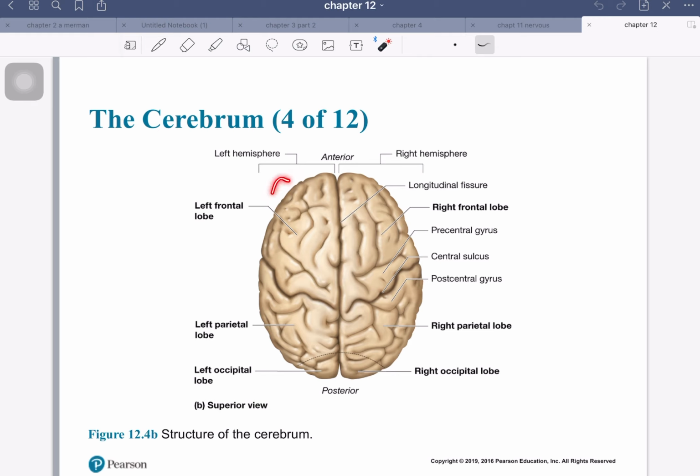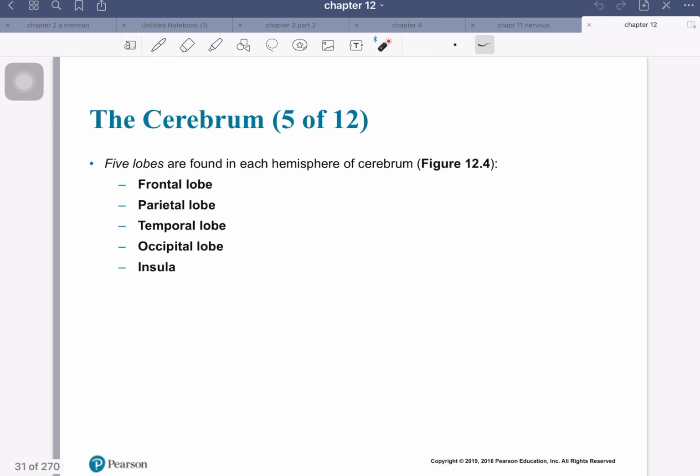We have the frontal lobe, the parietal lobe, the occipital lobe, and we can't quite see it that well from this view, but we have the temporal lobe, and we'll look at some of that architecture as we go. So the five lobes that we have are the frontal, the parietal, the temporal, the occipital, and one called the insula.